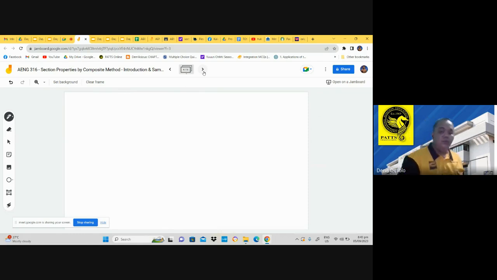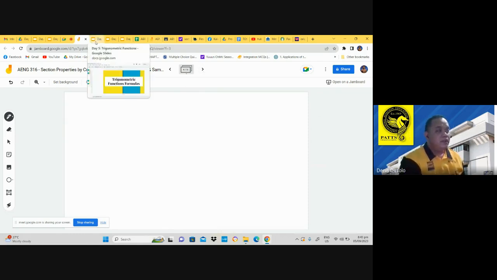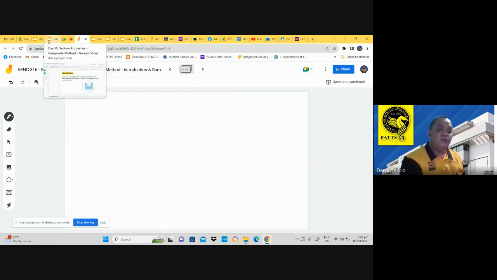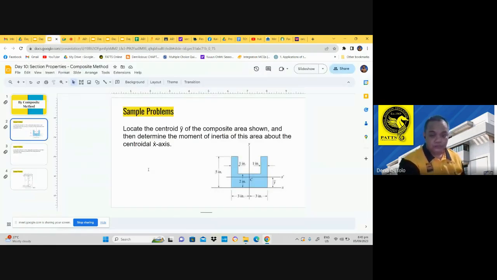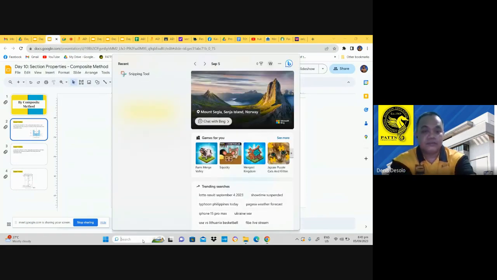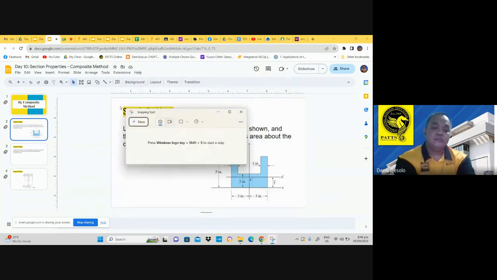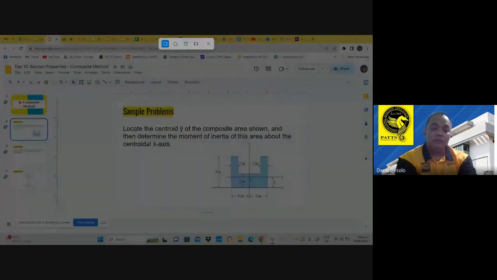That's what we need to do. So let's now solve a particular problem where we can apply the concept, not this one. So let me just snip this so that we will have our first sample problem.